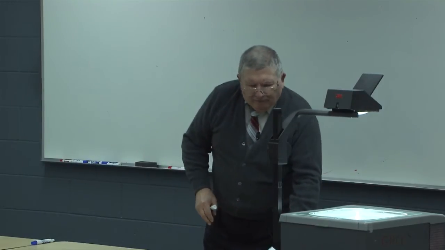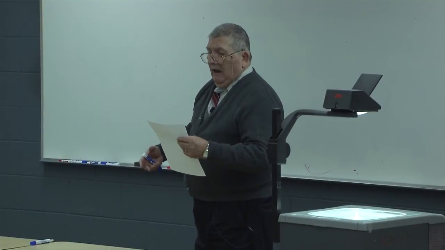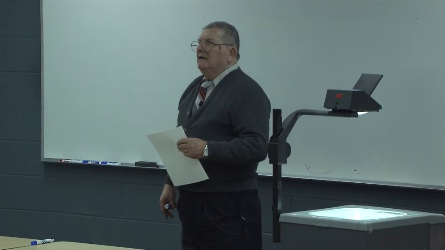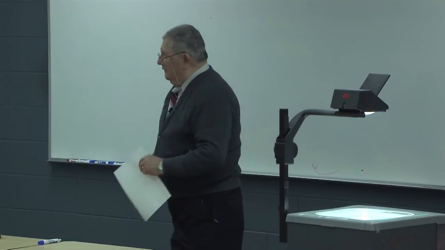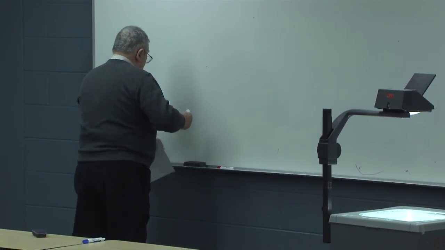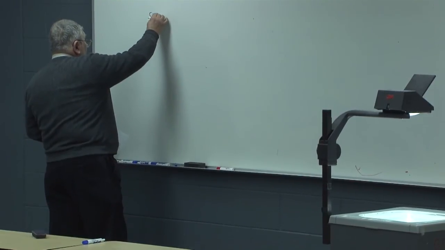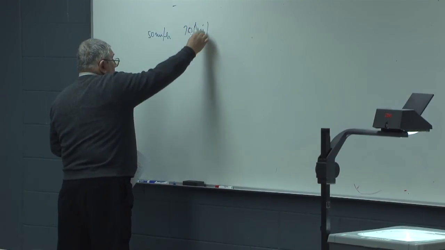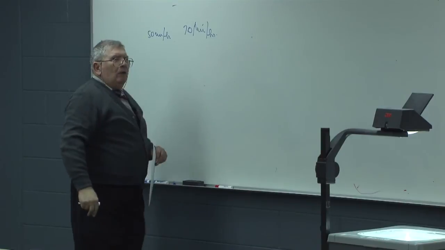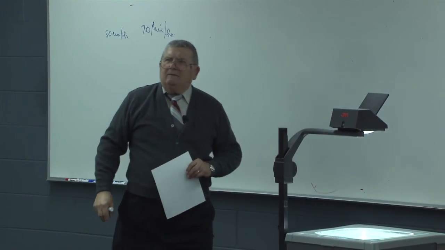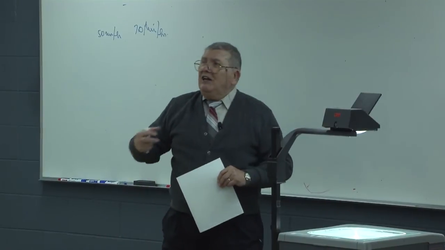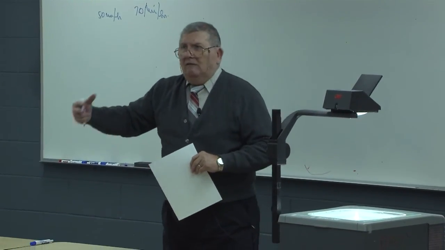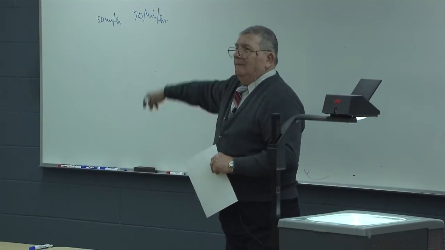For example, if a vehicle travels with 50 miles per hour at the beginning, 70 miles per hour after that, not only is its speed not 60 miles per hour, but we generally cannot say what the speed of the vehicle is with only this data.